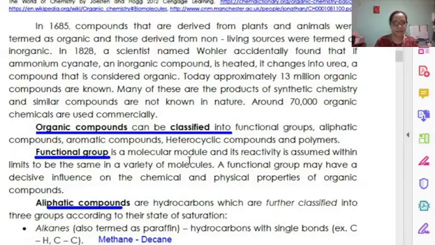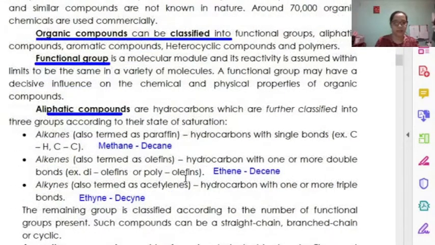It stated that organic compounds can be classified into functional group, which is discussed in your other module, aliphatic compounds, which is in your first module about the methane to decane. And then alkenes is about hydrocarbon with one or more double bonds.